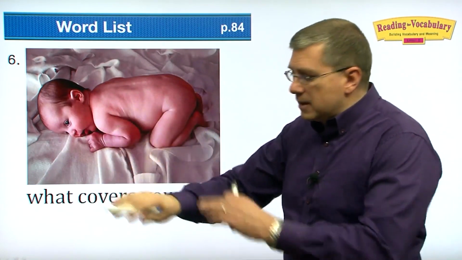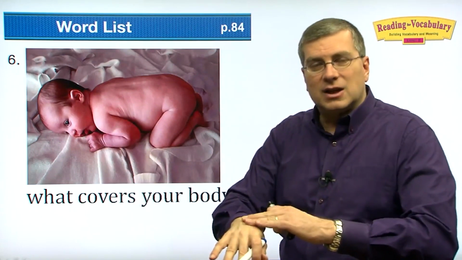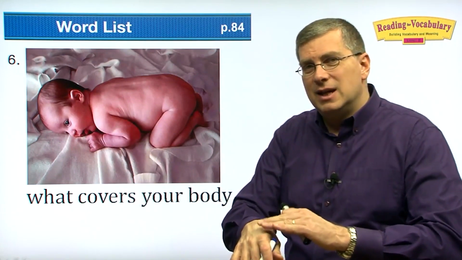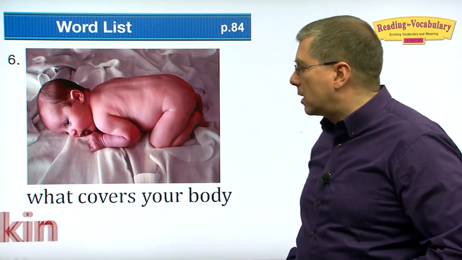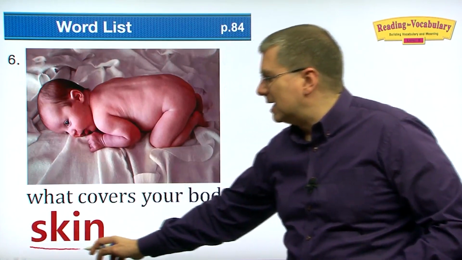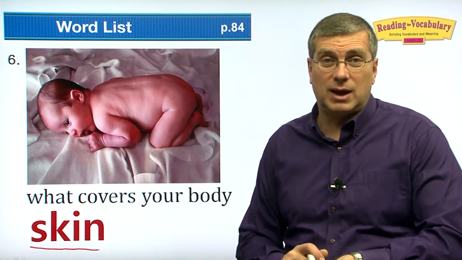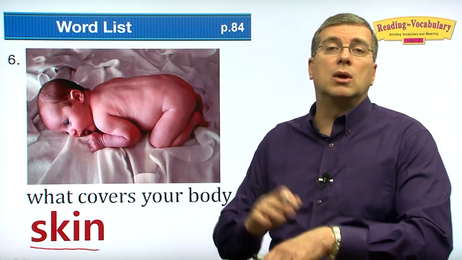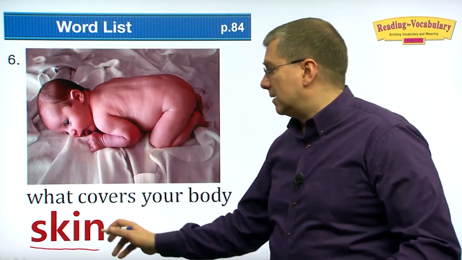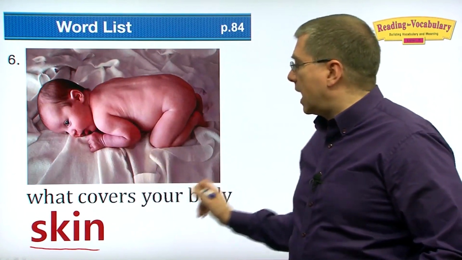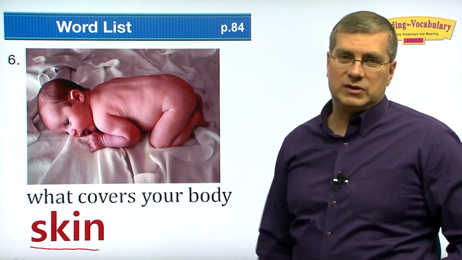But what is this? And we all have it, right? It's covering our body. It protects the inside of our body. What do we call it? We call it skin, right? And newborn baby, their skin is very soft, right? Soft as a newborn baby. It's skin. Skin covers our body from head to toe.